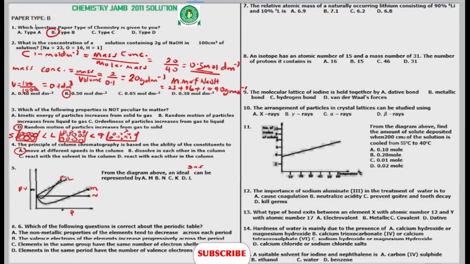So that is not an ideal gas. Now, an ideal gas has a pressure of 760 millimeters of mercury, or 1.2 atm atmospheric pressure, at constant.